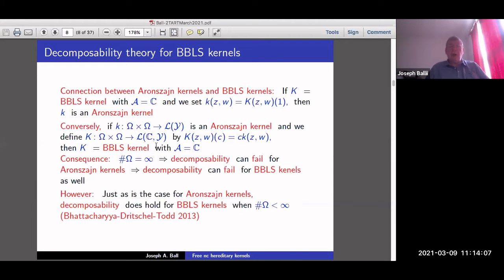So the Ehrenstein kernel is, if you like, the special case of a BBLS kernel where your operator algebra is just the complex numbers. So from what we've already been through for Ehrenstein kernels, if the number of points in omega is infinite, we see that decomposability will fail. The fact that it fails for Ehrenstein kernels means that it also fails for BBLS kernels, because Ehrenstein kernels are just a special case of BBLS kernels.